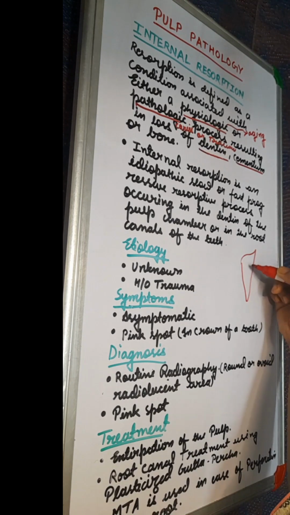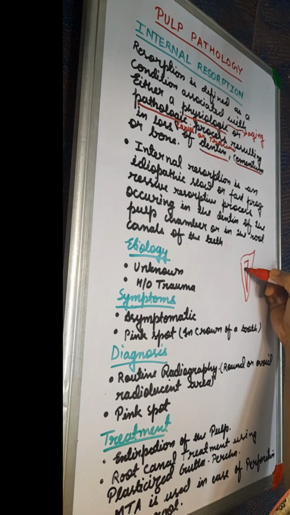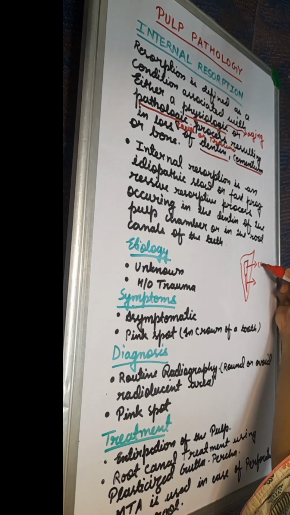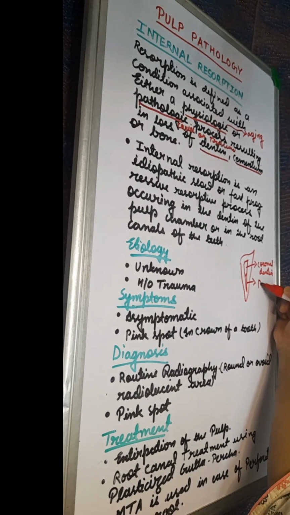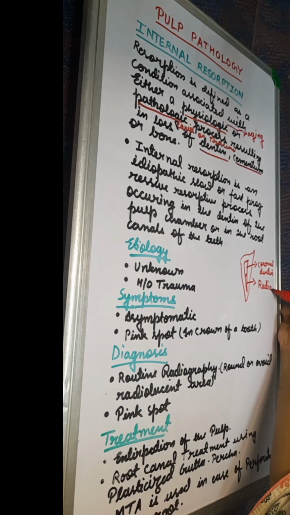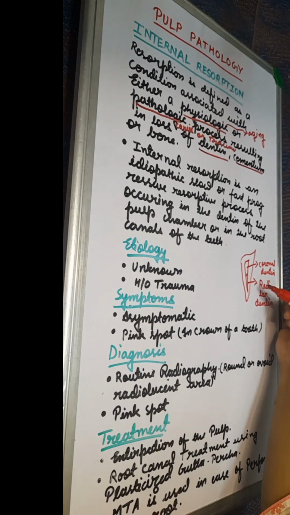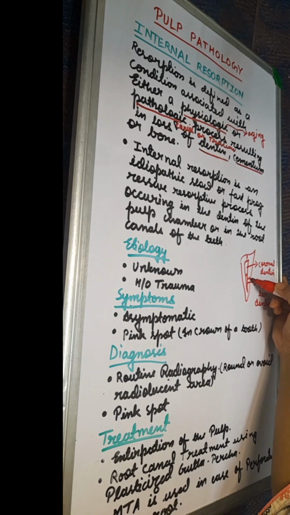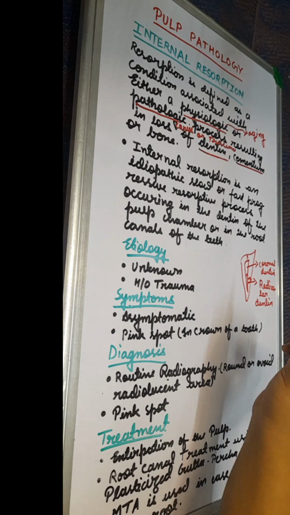Like we can say that it starts from the dentine of the tooth structure, like either the coronal dentine or the radicular dentine, or it may progress towards the enamel or towards the cementum in the radicular portion of the tooth.